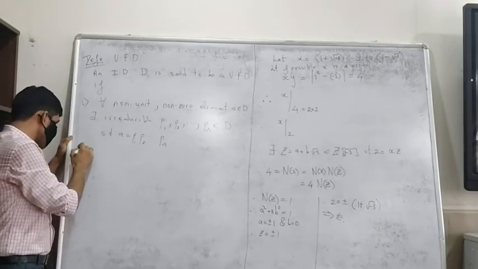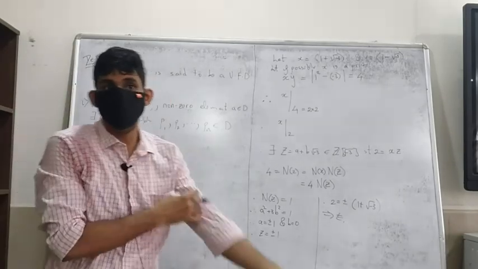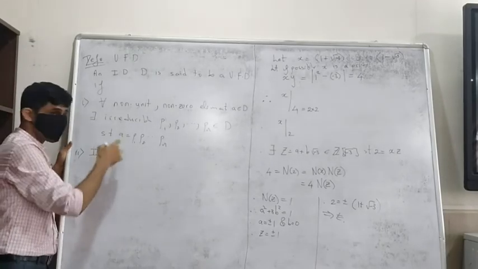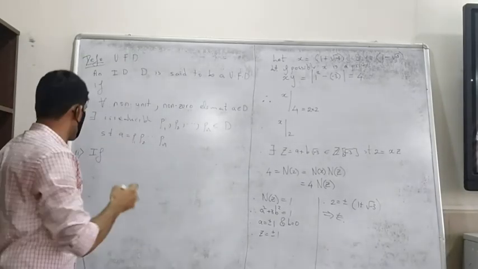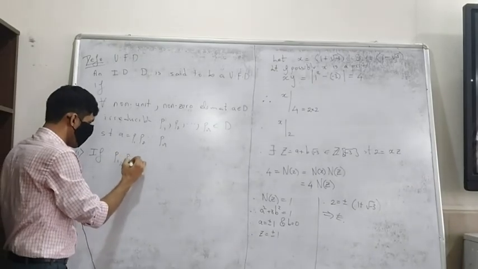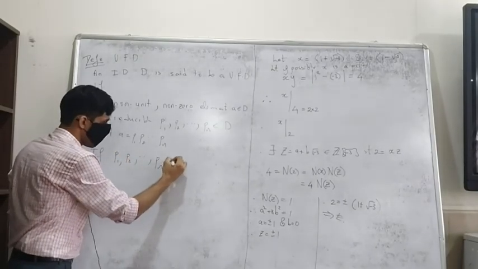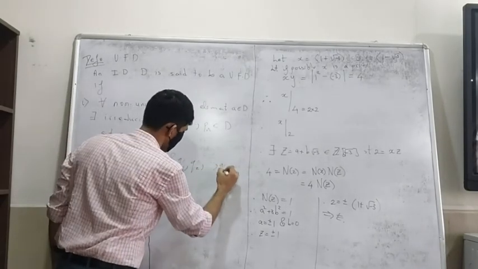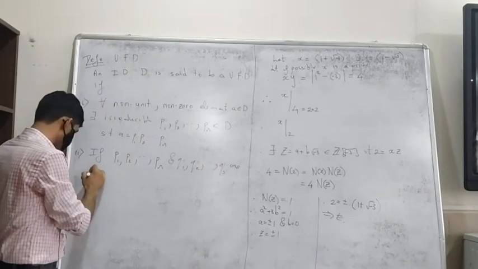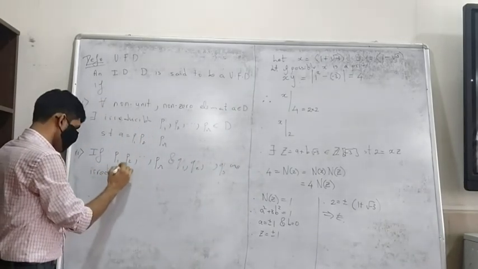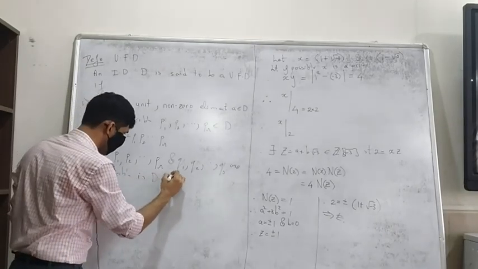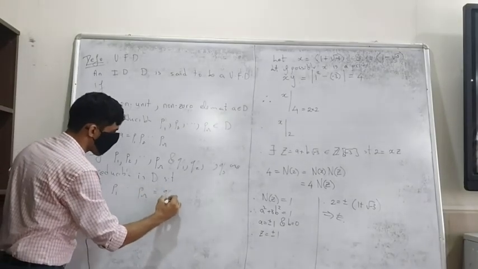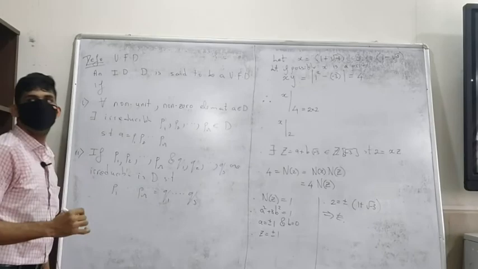So that's like every integer can be written as product of primes. And the second condition, which gives us uniqueness, is: if P1, P2 up to PR and Q1, Q2 up to QS are irreducibles in D such that the product of P1, P2 up to PR is the same as the product of Q1, Q2 up to QS, then what should happen?